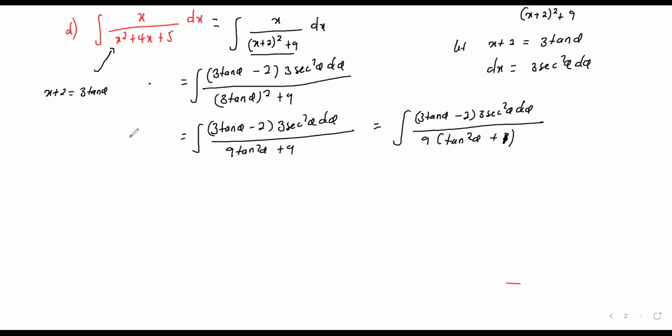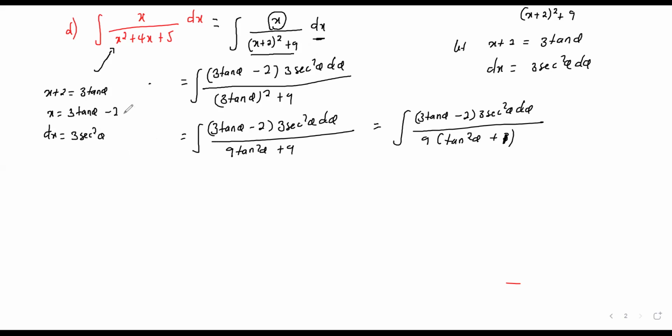Yes, I can. Okay, so we let the x plus 2 be equal to the 3 tan theta. Now from there, we want x so that we take it in the denominator where there's x. So we make x the subject. So we'll have 3 tan theta minus 2. Then we want this dx, so we differentiate this x. To differentiate tan, we get sec squared.